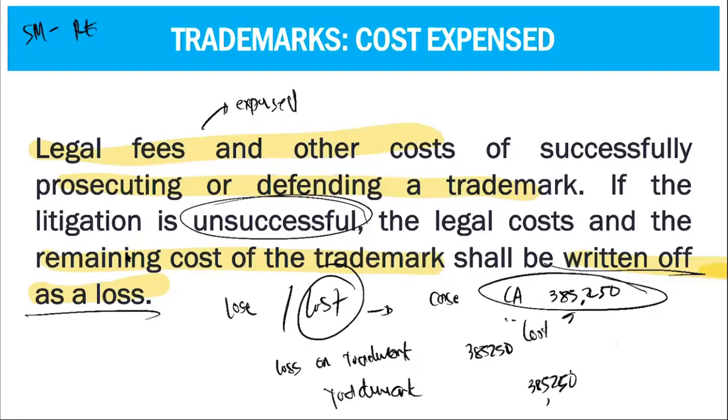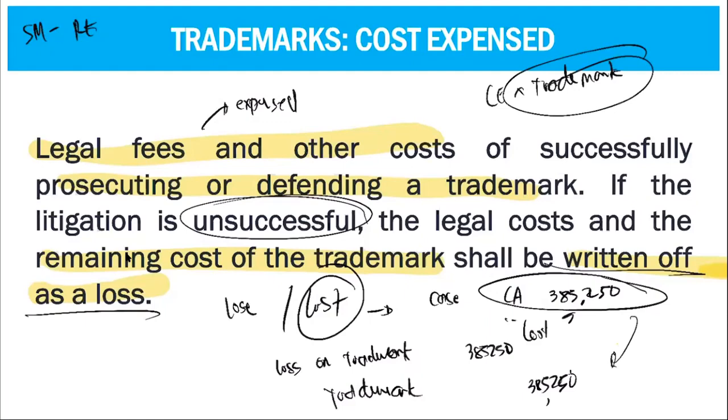So all the carrying amount will be treated as a loss. How about our capital expenditures for trademarks? Normally, there is no capital expenditure related to a trademark. Hence, we will not talk on any capital expenditure on a trademark.